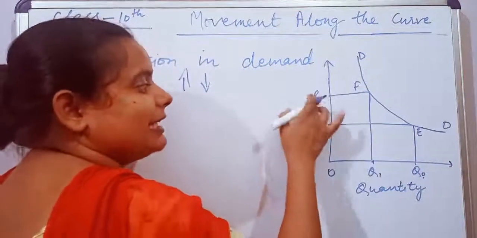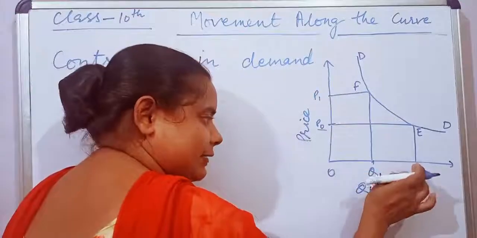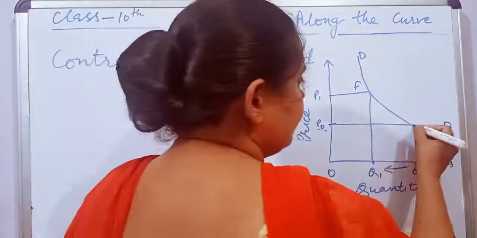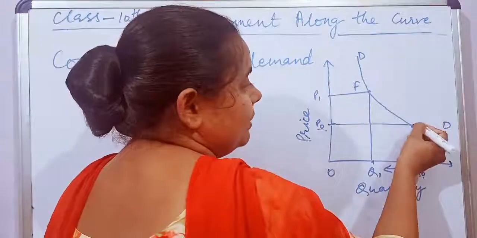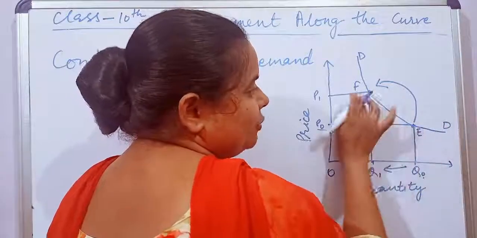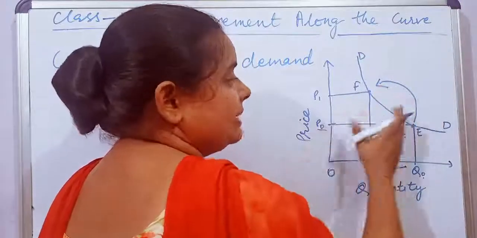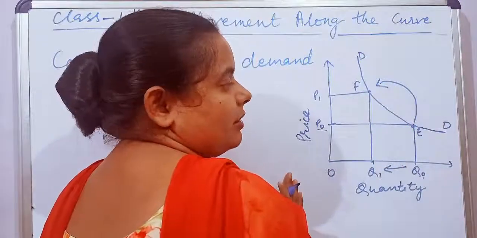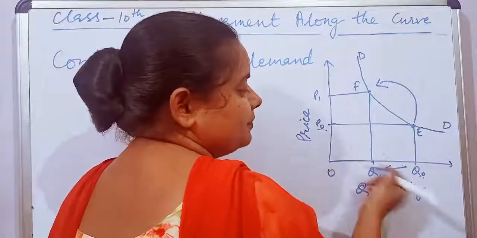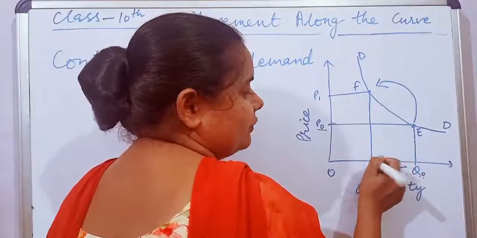As the price increases from P0 to P1, the quantity demanded decreases from Q0 to Q1. And here are these two points E and F. The movement along the curve from point E to F shows contraction in demand, meaning decrease in demand also. It shows that the consumer will shift to a lesser quantity of the commodity.